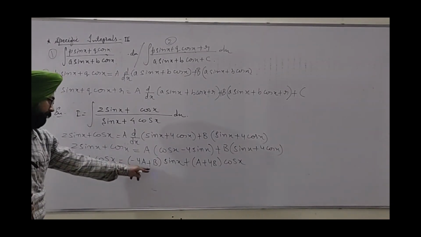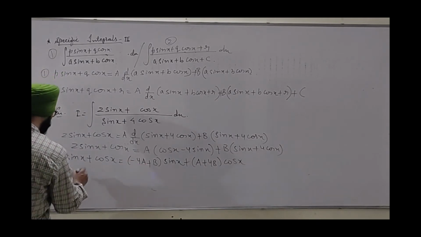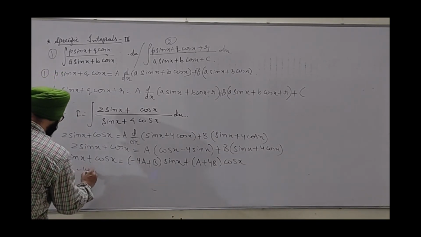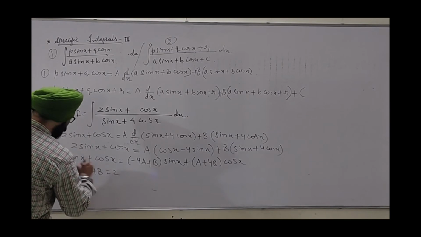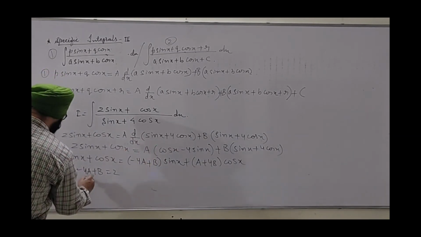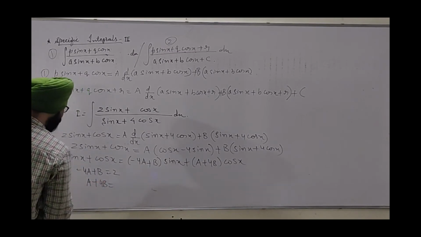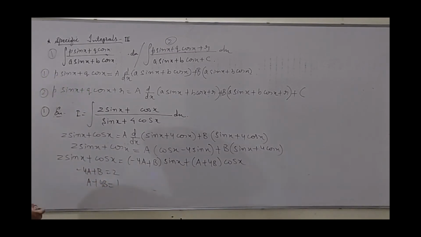Now if I compare, the coefficient of sin here is 2. Here it is minus 4a plus b. So this will become minus 4a plus b equal to 2. And the coefficients of cos can be compared to get a plus 4b is equal to 1.